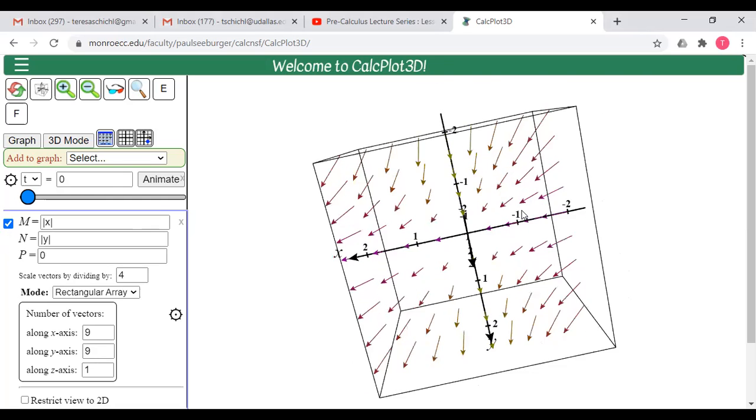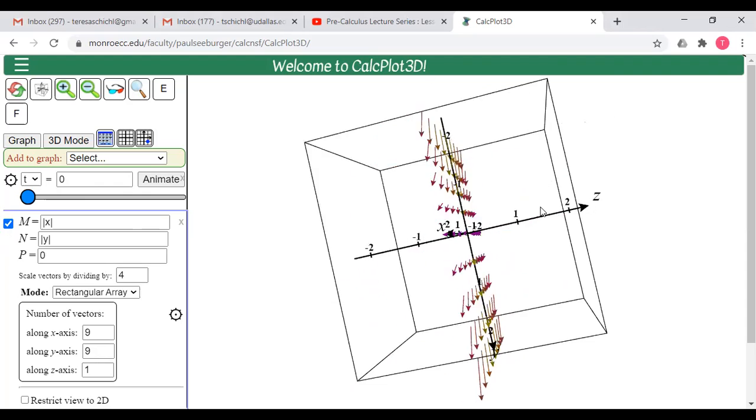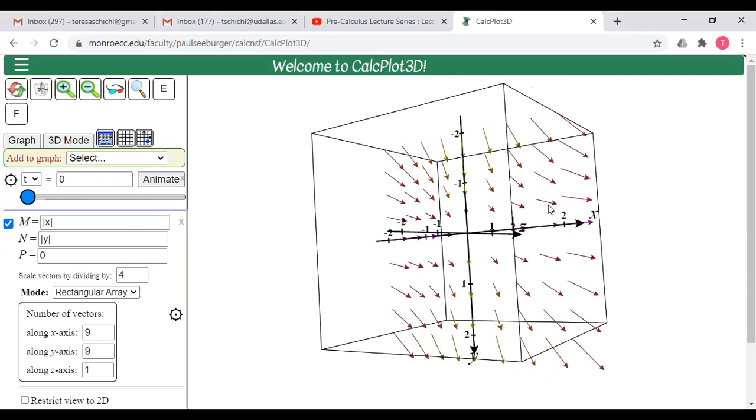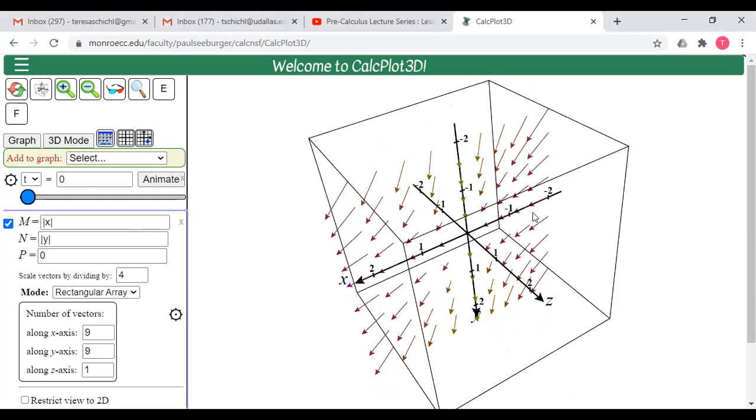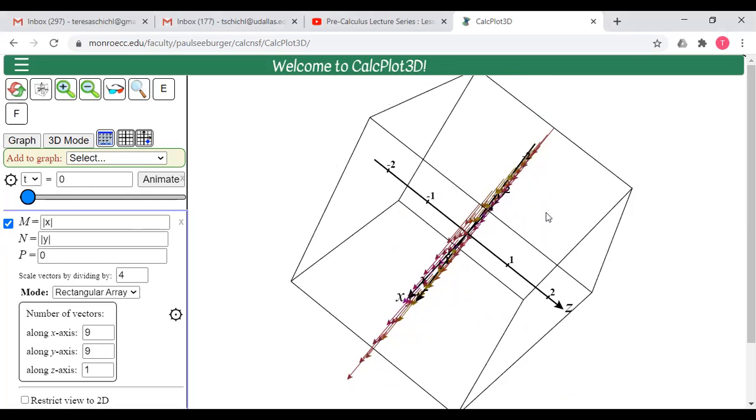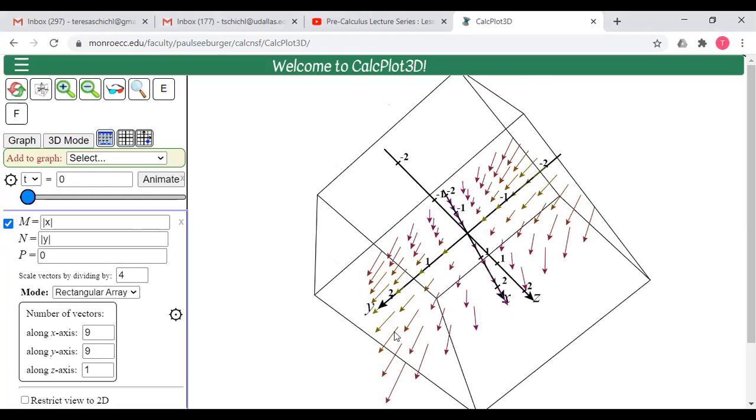If you take a look at the xy directions here, you can play with it, right? You see what the vector field looks like in the xy direction. It's pretty useful software.